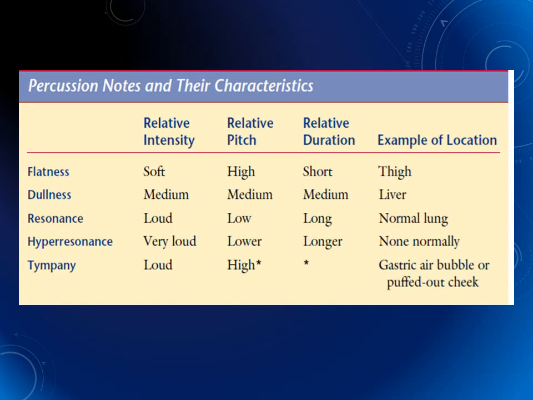Its relative intensity is medium, relative pitch is medium, and relative duration is medium. For example, a tympanic sound is loud, high-pitched, and of longer duration, and is found over the gastric air bubble.